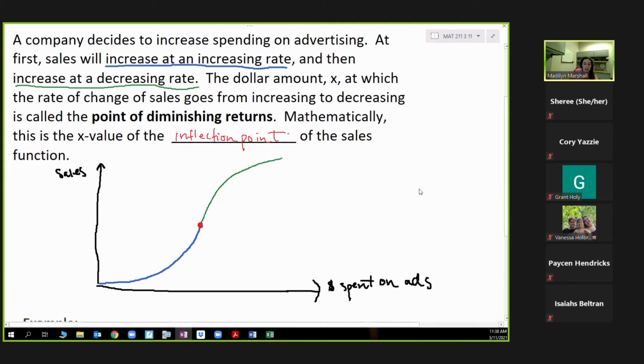The difference is that an inflection point, we always say the X and the Y unless we're told just to write the X. But here, the point of diminishing returns is specifically just that X value. So this is the point of diminishing returns.